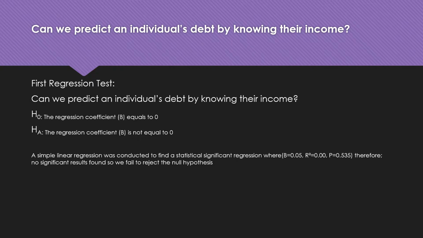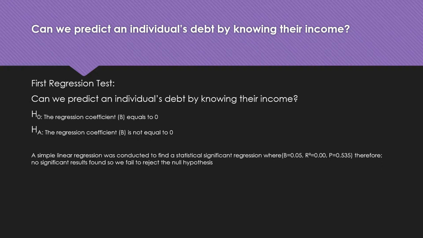So the first regression test is, can we predict an individual's debt by knowing their income? The null hypothesis says that the regression coefficient equals 0, and the alternative hypothesis states that the regression coefficient is not equal to 0.